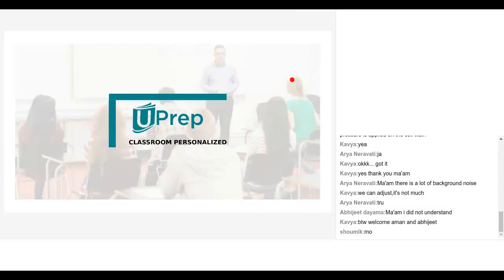Okay, thank you. We have been discussing from the last session how the cell wall functions in protecting the plant cell from the outside environment. I think the recordings of the class are available. You check with the management of UPrep.